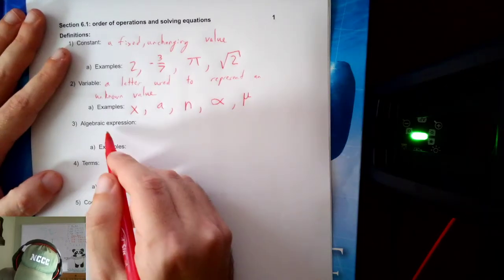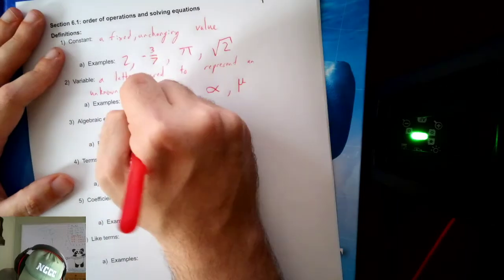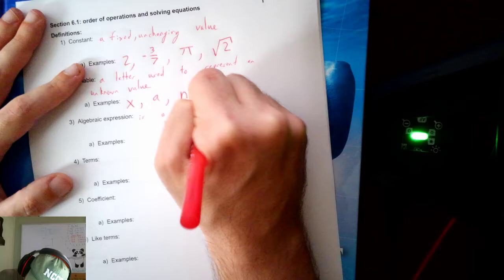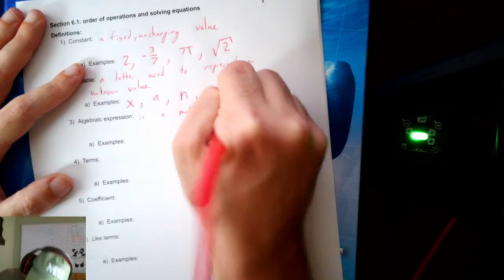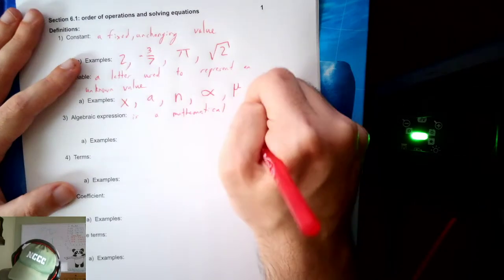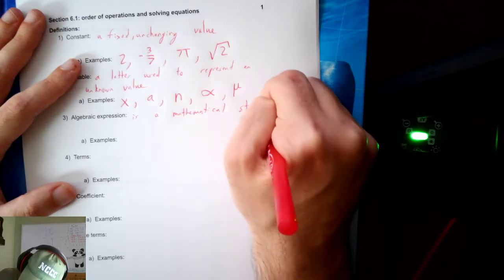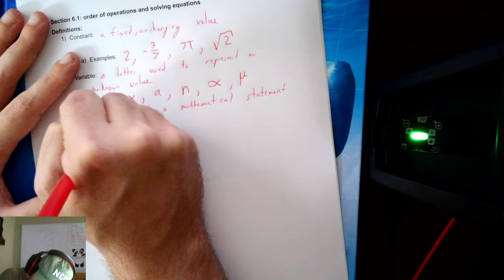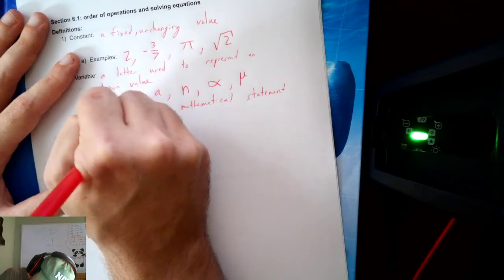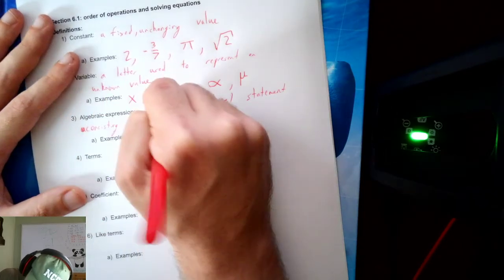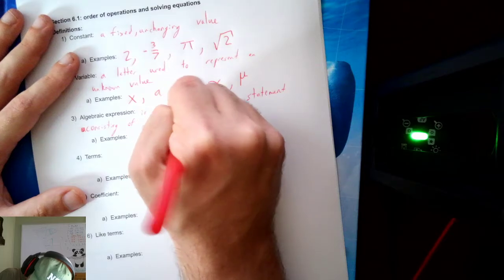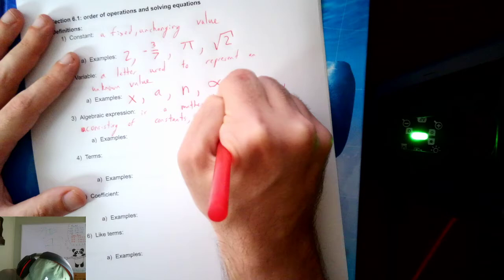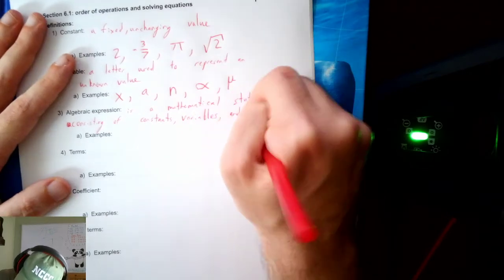Next, an algebraic expression is a mathematical statement consisting of constants, variables, and/or operations.